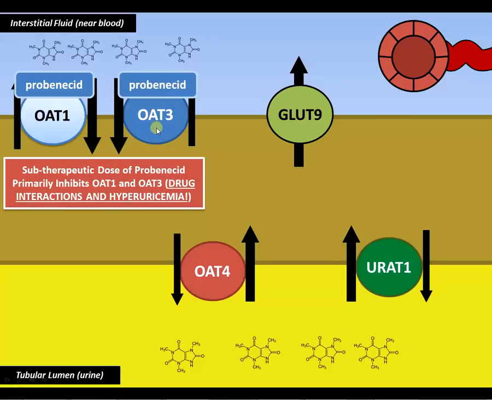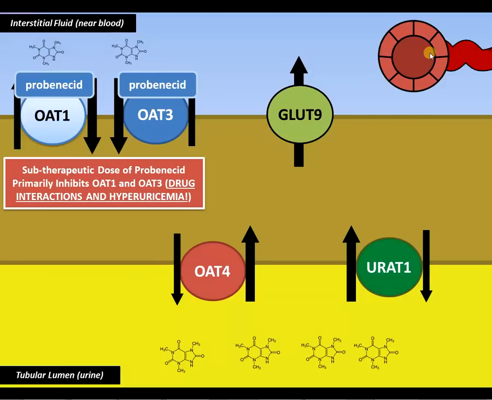That means that at a lower dose or a subtherapeutic dose, most of the inhibition is going to be on O1 and O3. That is exactly the opposite of what we want to accomplish, because when you block these two transporters, urate cannot be eliminated through secretion. It will actually accumulate more in the bloodstream, and it'll go right into the peritubular capillaries. So that's a bad thing.